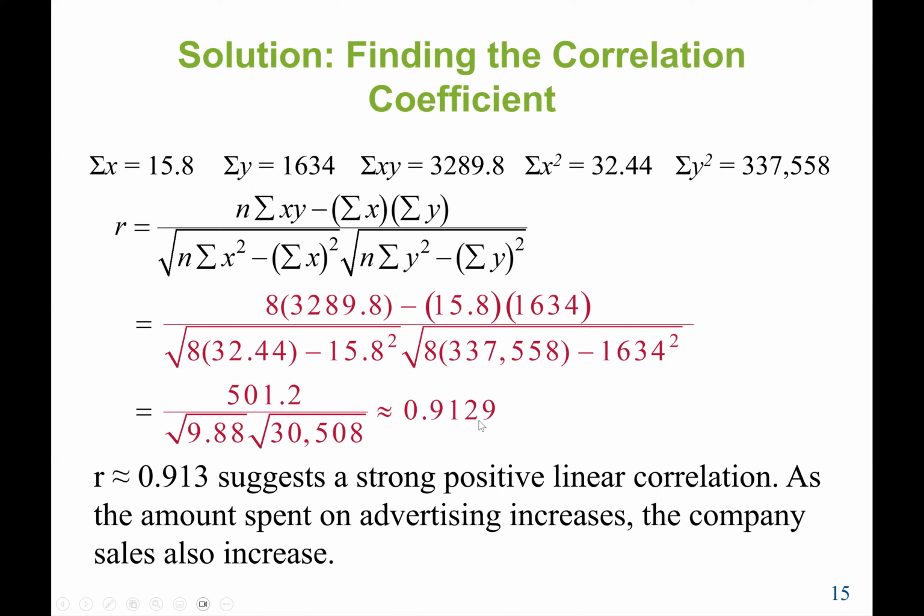So here we have a very strong positive linear correlation. R is approximately 0.913, which suggests a strong positive linear correlation. As the amount spent on advertising increases, the company sales also increase.